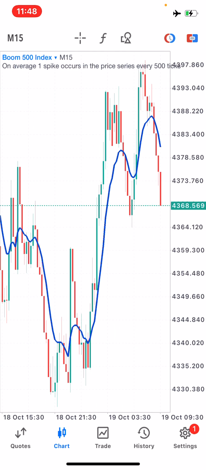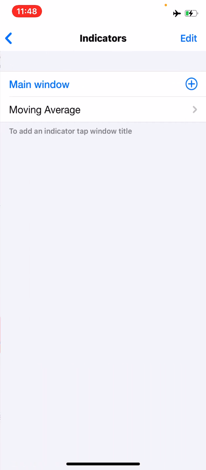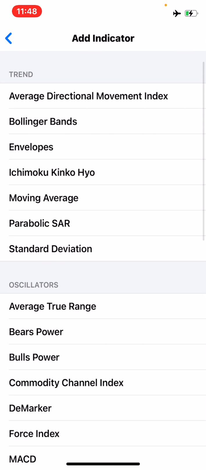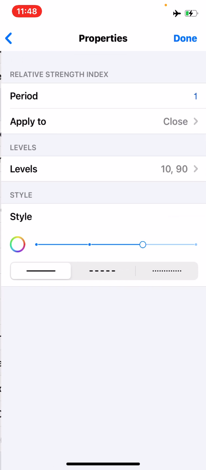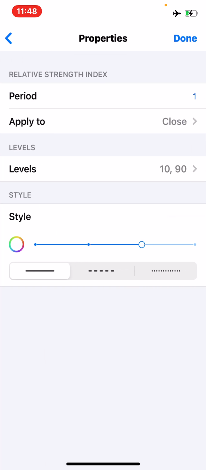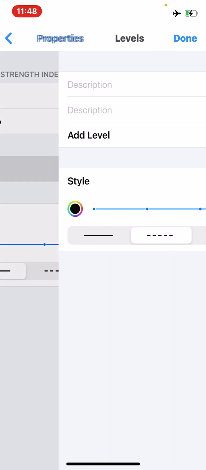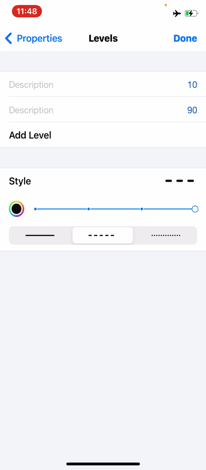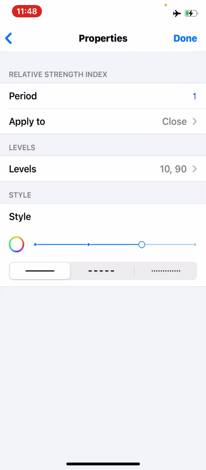Moving on, we want to install the famous Relative Strength Index, or the RSI, and it should have the following properties: a period of 1, apply to close, and levels. We're only going to need 2 levels, level 10 and level 90. And for the styling, we're going to pick the color white for the RSI because we don't want it to be visible on our charts.